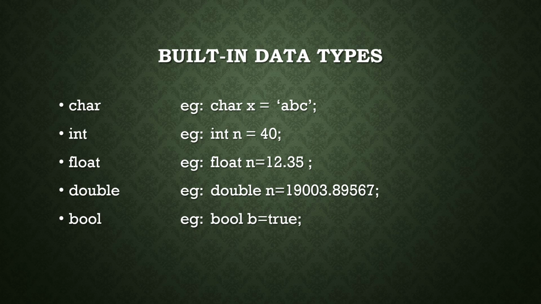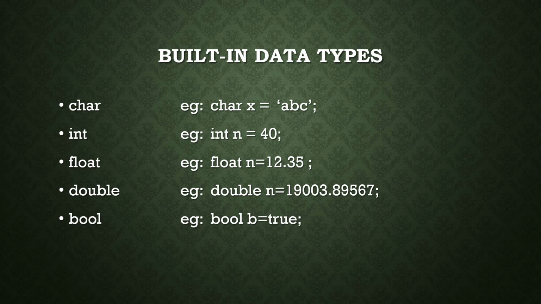Next one is double. Double data type is also used for storing fractional numbers, but in double data type the memory size is 8 bytes. So for storing very big numbers with fractional digits, we have to take double data type.